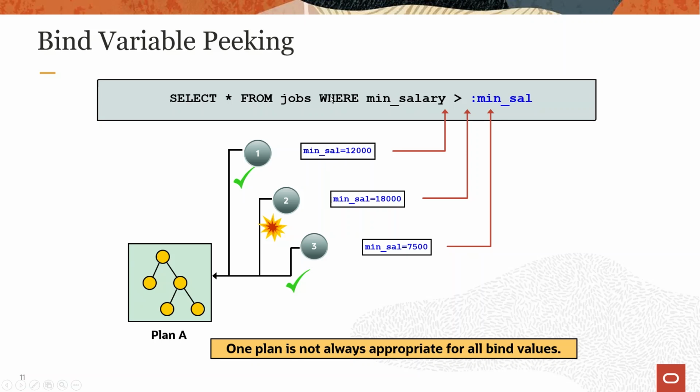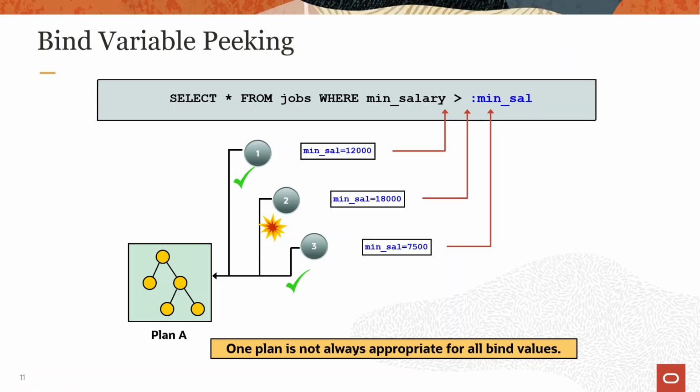Now, the second time the statement gets executed, but with a min_cell of 18,000, he finds an exact match of that statement inside the library cache, and he will use that execution plan that is cached alongside that SQL query text. So he will be using that same plan, which, let's say, is a full table scan.